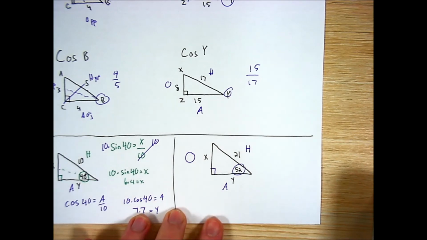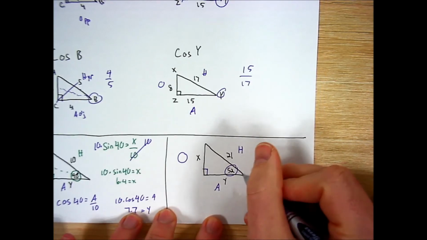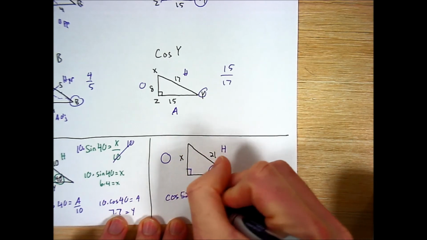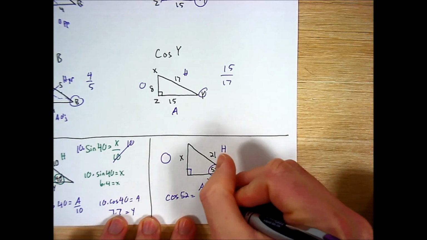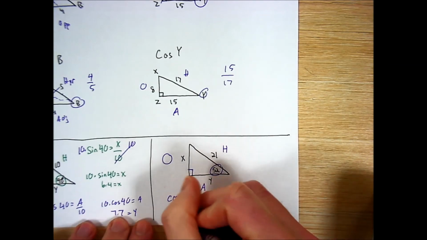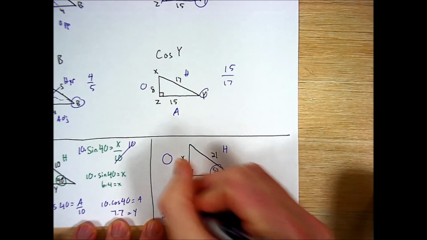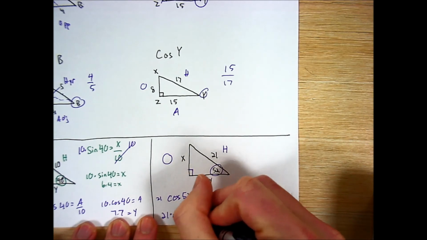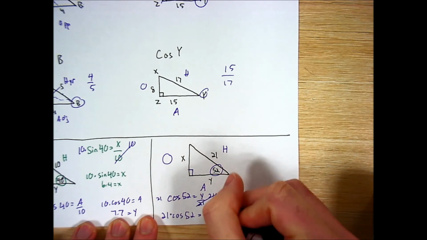Let's go with the cosine first this time. So cosine of 52 equals adjacent y over hypotenuse 21. We multiply both sides by 21. So 21 times the cosine of 52 should equal y.